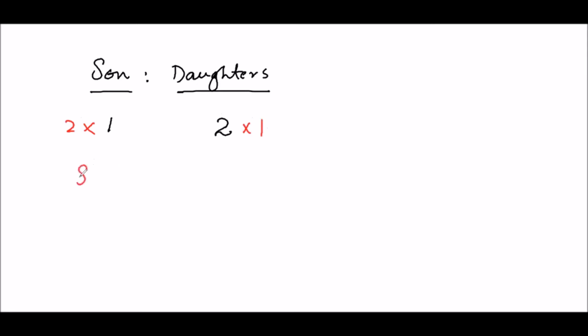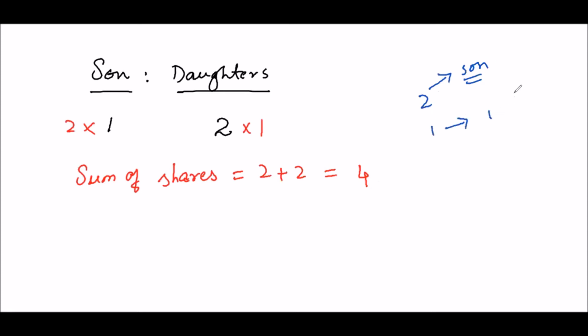So the total number of shares will be 4, because 2 shares will go to the son. As I have told you, 2 shares go to the son, 1 share for one daughter, 1 share for the other daughter.